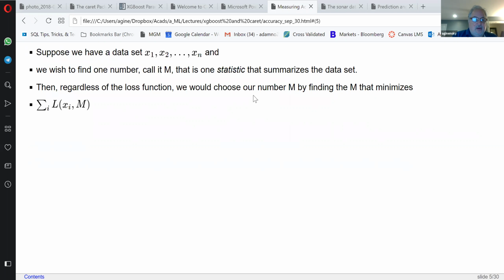Typically, we will look at the mean, but you decide what's best by looking at the loss function. So we have some loss function, L, and we want to find the m that minimizes the loss. In this case, your prediction is just m, and we want to find the one that minimizes that.